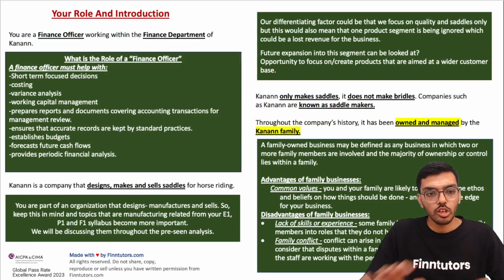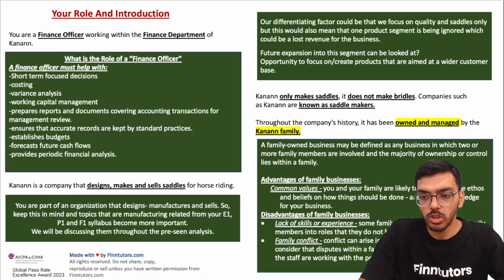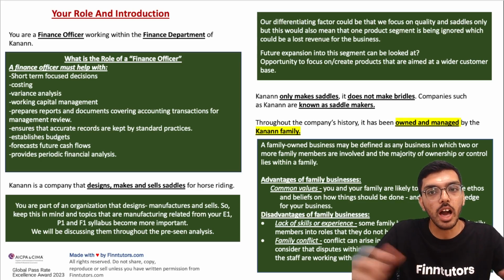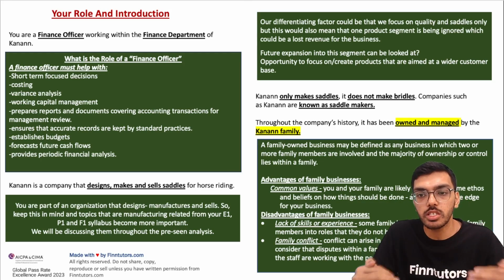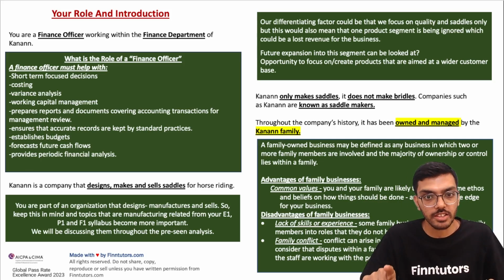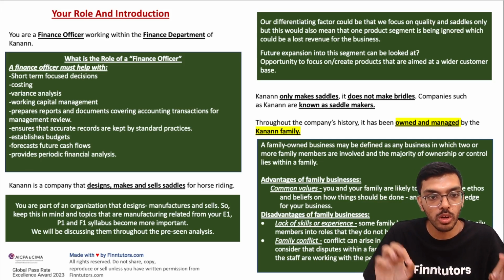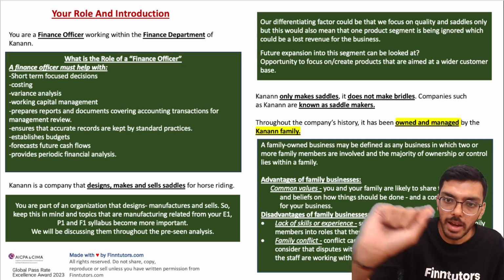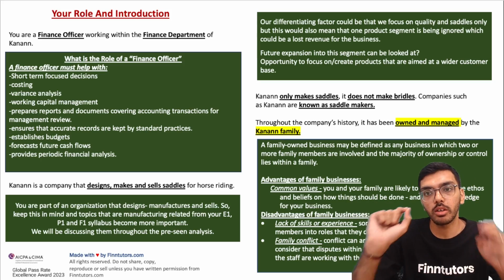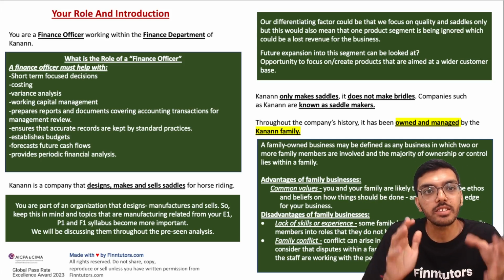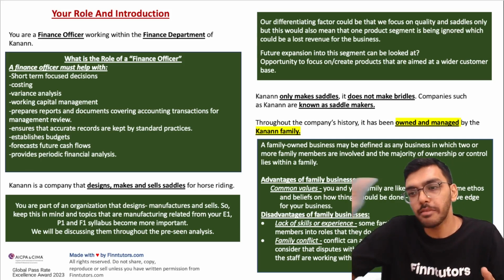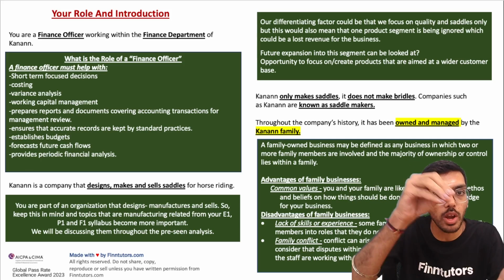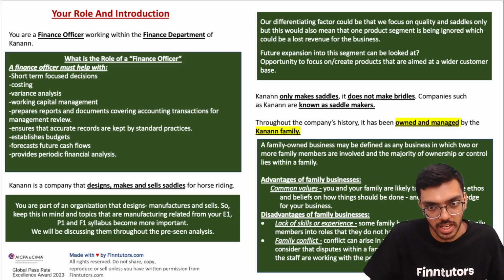Before I begin, let me tell you that what you're going to see on your screen are glimpses or cuts from my full pre-seen analysis, which is 2.5 hours long, where we go through part by part, word by word of the actual pre-seen that CIMA has released. And at every stage, we link it to E1, P1 and F1 syllabus areas.